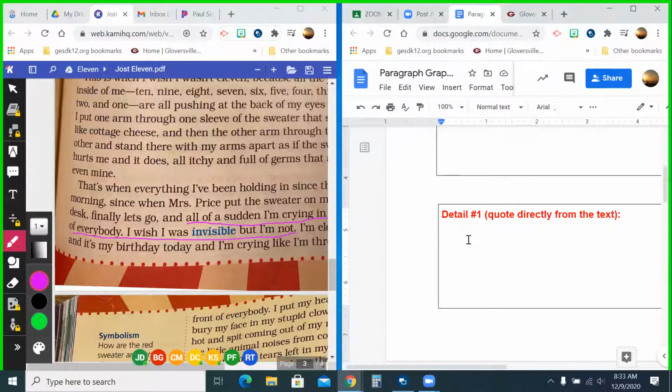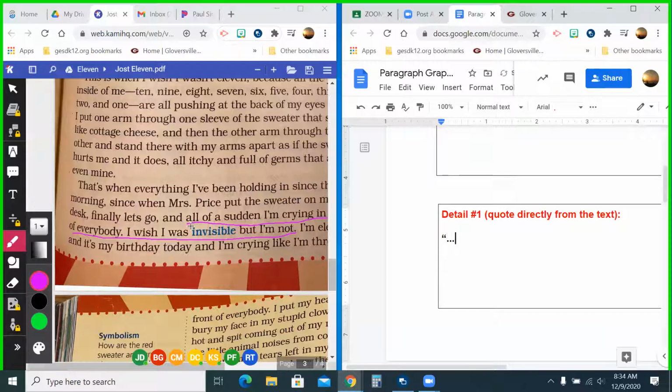Okay, so actually, let's just do this. The proper way to do a quotation is this. You need quotation marks. For the quotation mark, you have to hold the shift key down and hit the key next to the enter key, and you will get a quotation mark. That's the only way to do a quotation mark. Now, we are not starting at the beginning of a sentence with our quote, are we? No, so we have to indicate that something came before that. So we're going to hit the period key 3 times, 1, 2, 3.